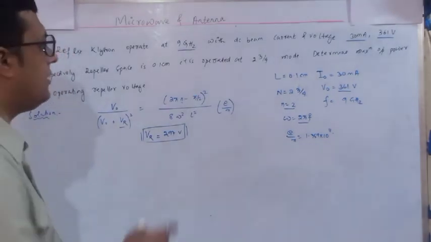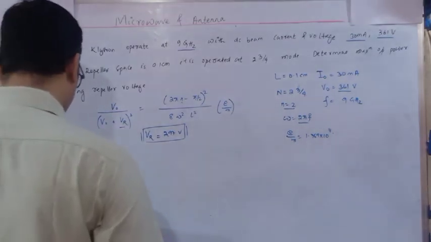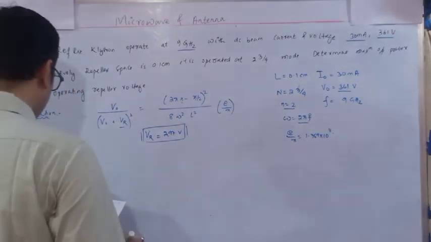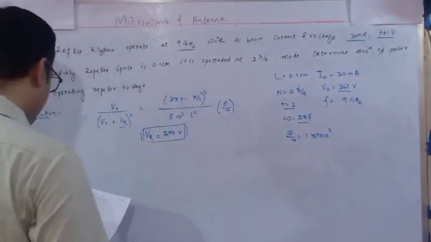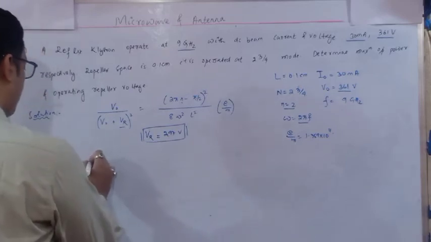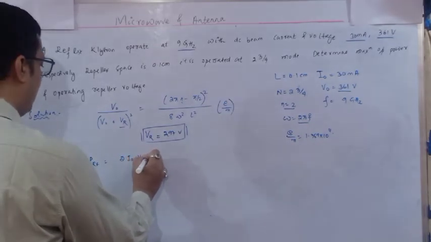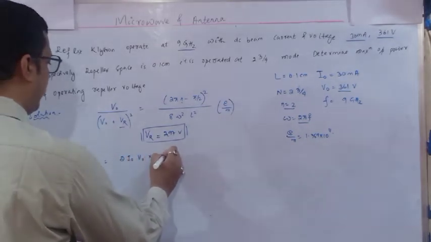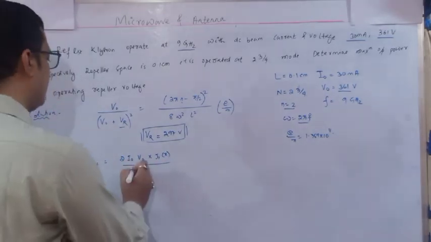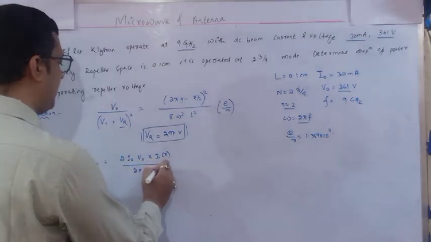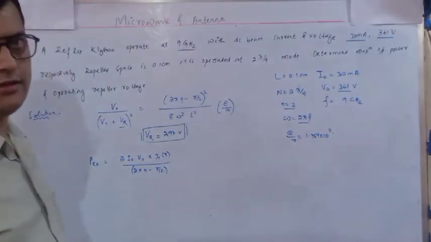Next we are going to calculate the RF output power. Step by step we will see. PRF is equal to twice of I naught V naught times J1 of X divided by 2 pi n minus pi by 2, or capital N we can write, same value.